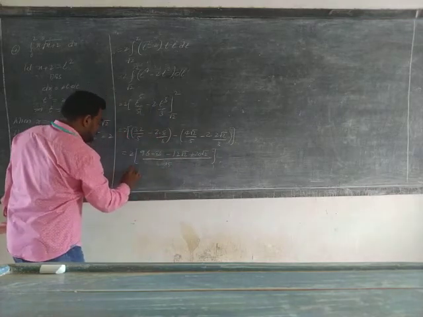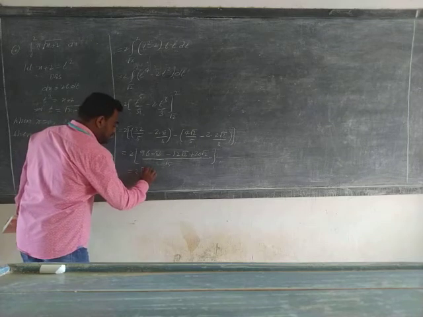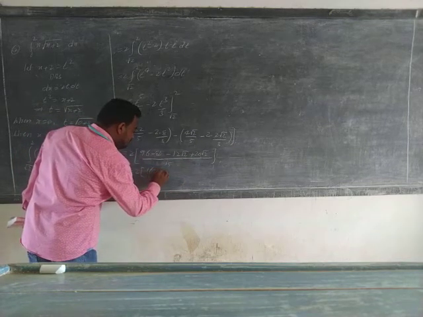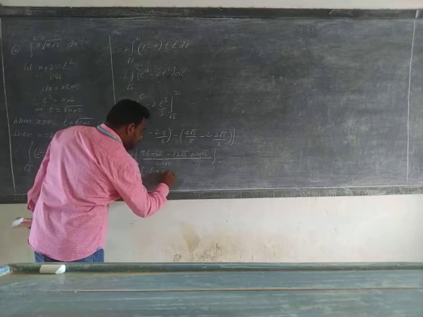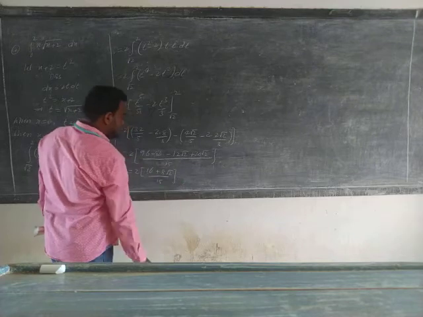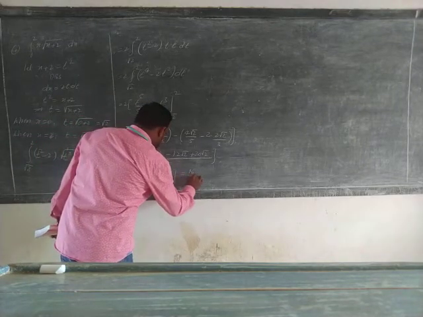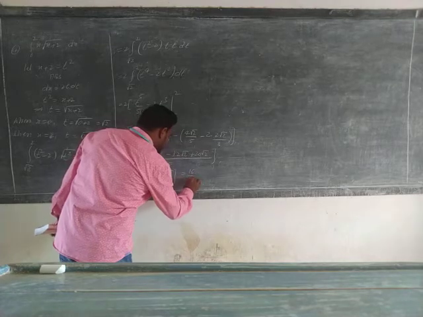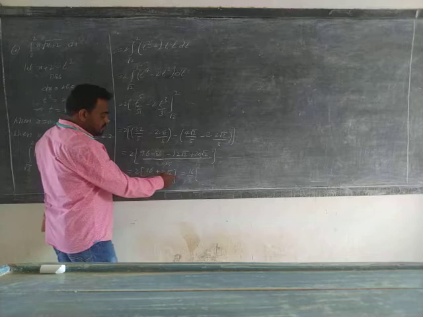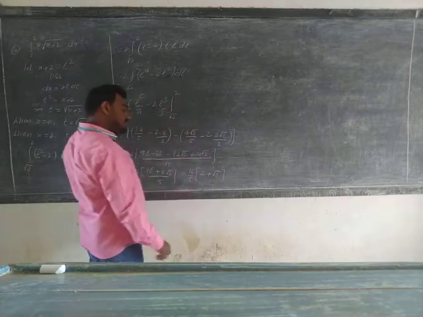This is equal to 2 into 96 minus 80, 16. Next, this is 8 plus 8 root 2 by 15. Now 8 is common, 16 by 5 because before it 2 is there. 8 common, so remaining 2 plus root 2 is the answer.